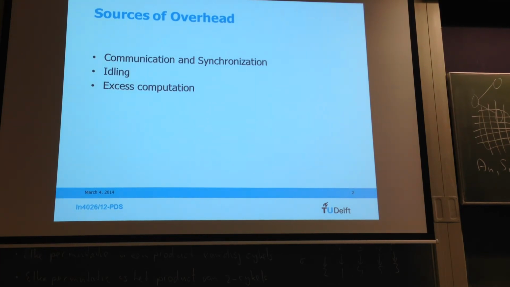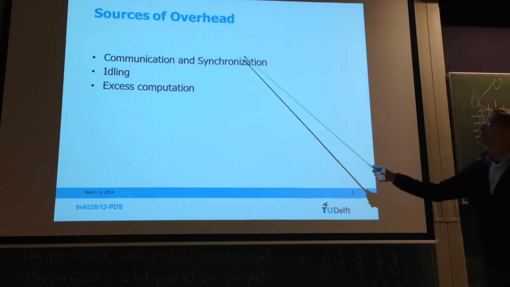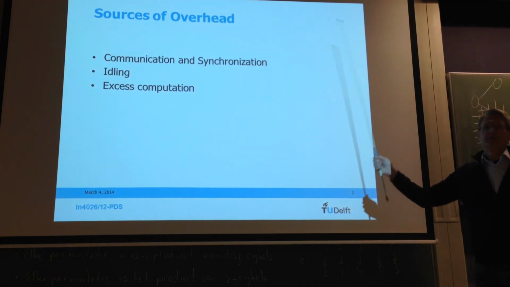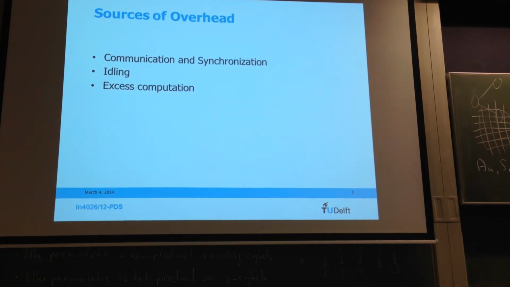As I said before, there are a number of sources of overhead if I go parallel. That is, I have to communicate and synchronize with my neighbors. It might be that some of the processors are idle. It might be that I have to do some of the computations twice, because doing it on one processor and then sending the results might be prohibitively expensive. So these are some sources of overhead.